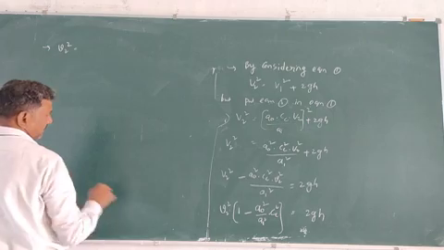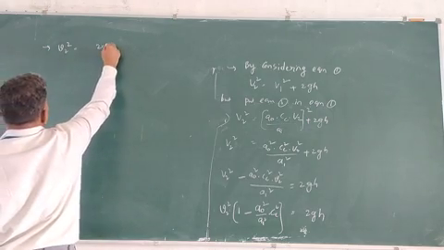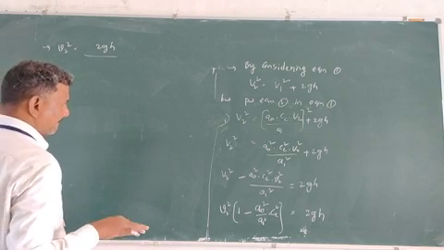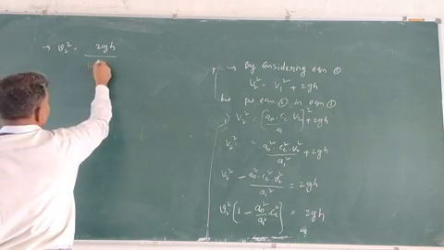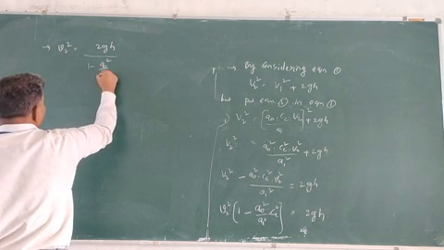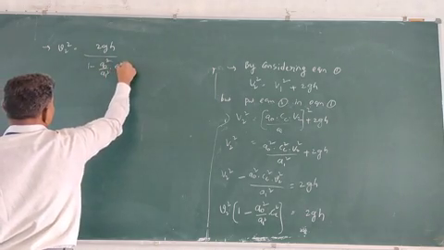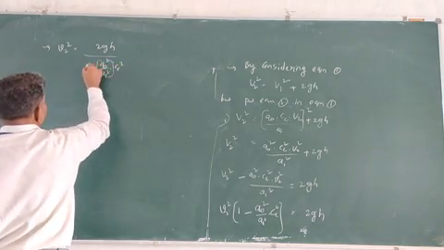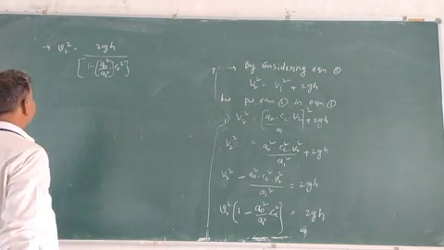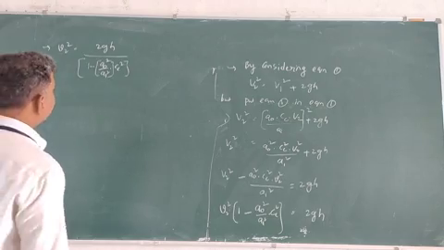Now, by cross multiplication, write V2 square is equal to 2gH divided by 1 minus A naught square by A1 square into CC square. This is the V2 square.